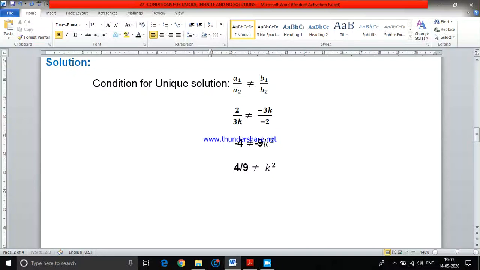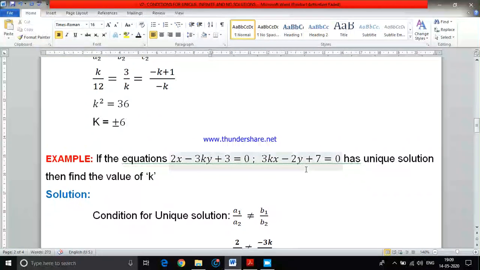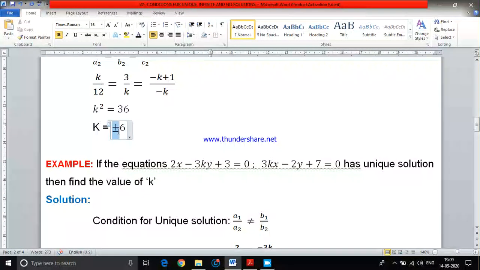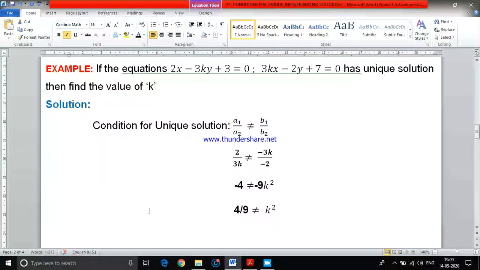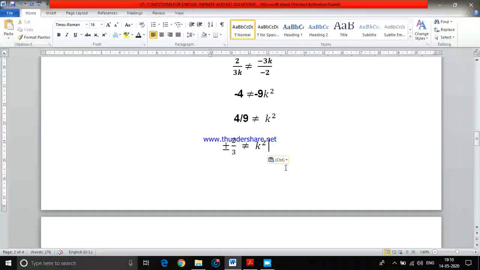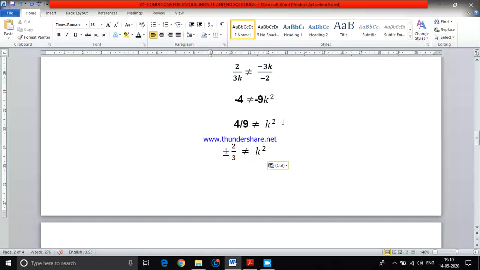If I bring the square to this side as a square root, you'll get plus or minus square root of 4, which is 2, and square root of 9, which is 3, is not equal to k. I hope this way of solving is understood.